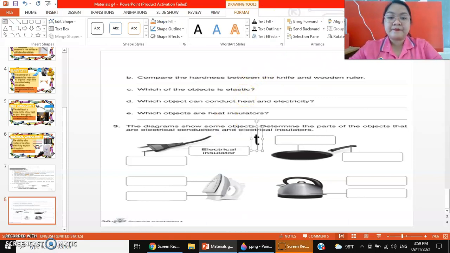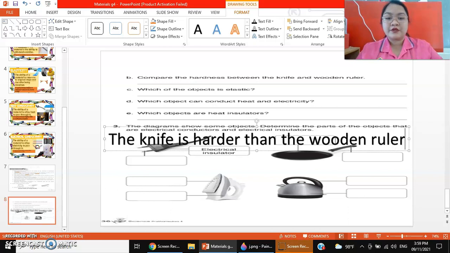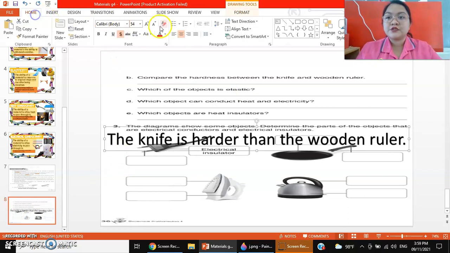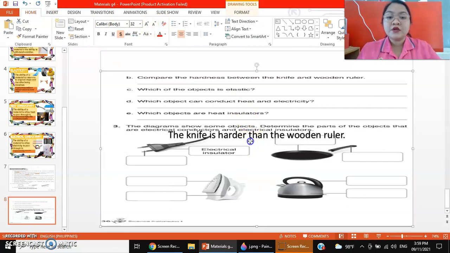Okay. The knife is harder than the wooden ruler. Okay, so that is your answer.